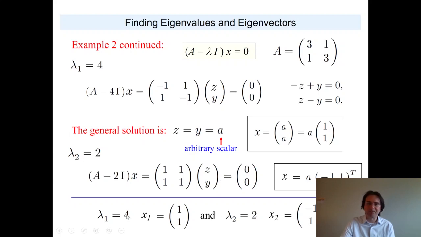Therefore we conclude that our solution for this problem is: eigenvalue 1 is equal to 4, and the corresponding eigenvector is (1, 1). And eigenvalue 2, with eigenvector (minus 1, 1). As a comment, note that those are linearly independent vectors.